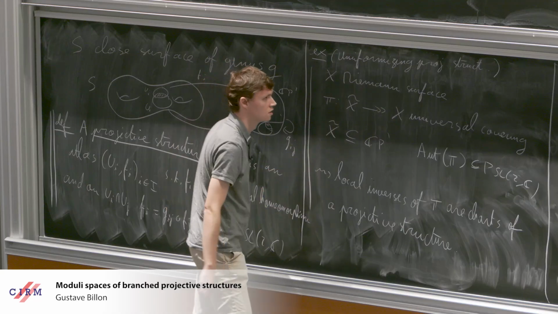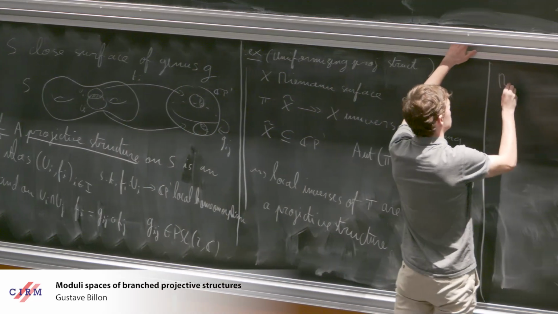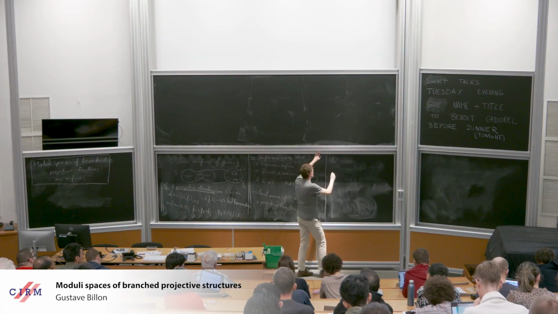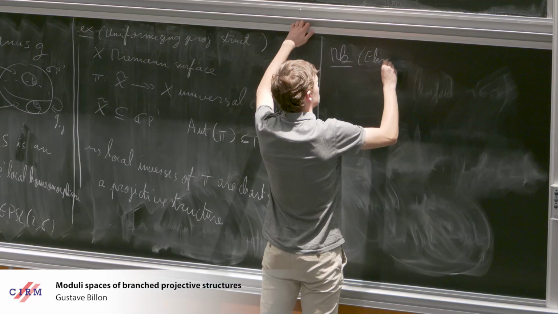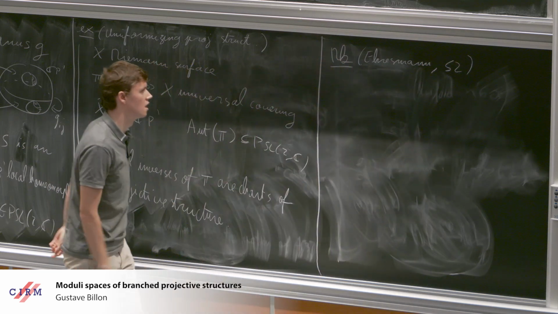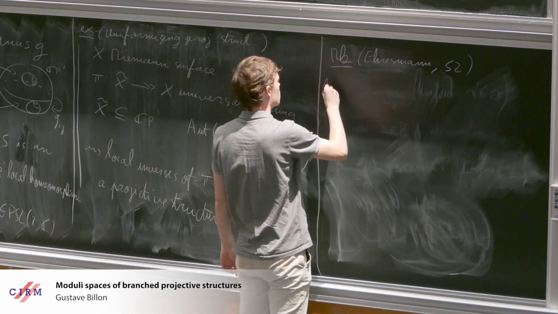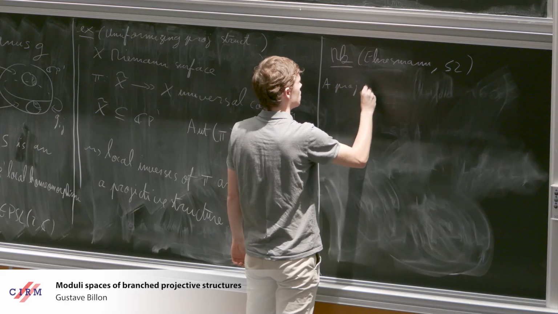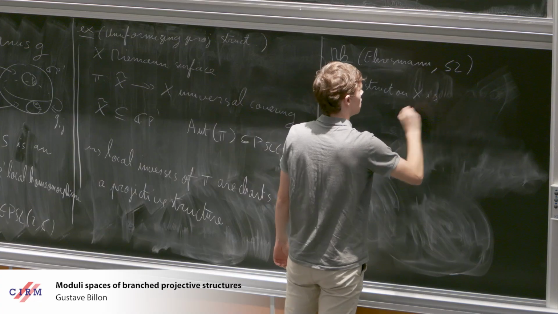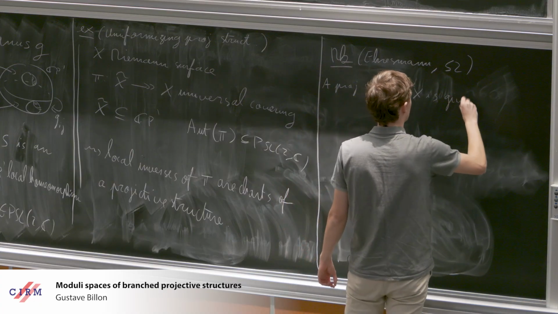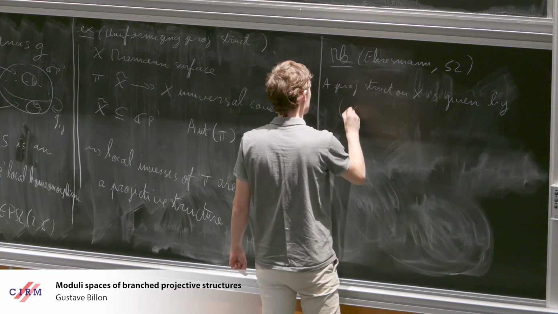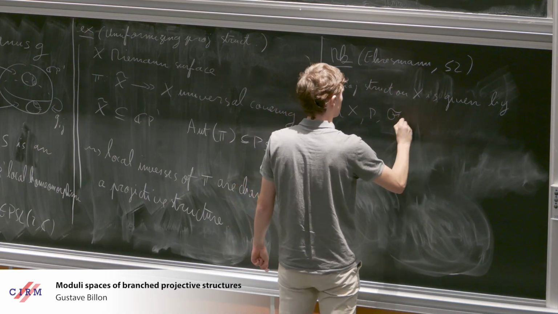Okay. Now there is another description of projective structure that is due to Riemann. A projective structure on X is given by an atlas or by a quadruple (X, P, F, S).